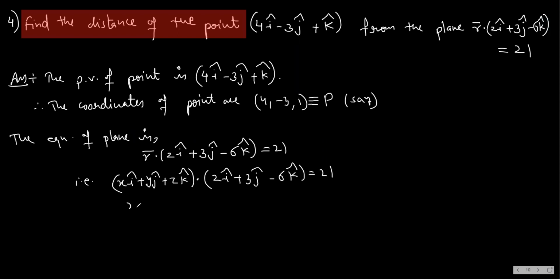So this will become, taking the dot product of these two vectors, 2x plus 3y minus 6z equals to 21, that is, minus 21 equals to 0.